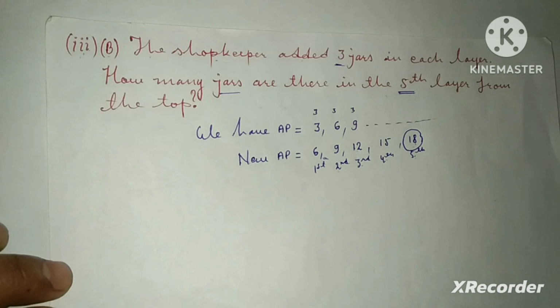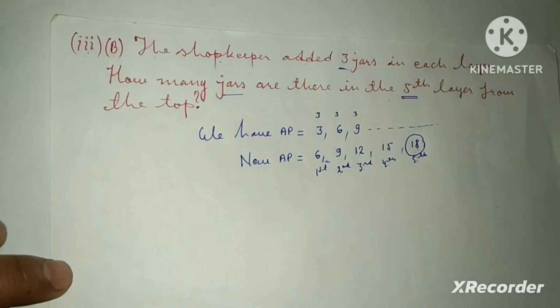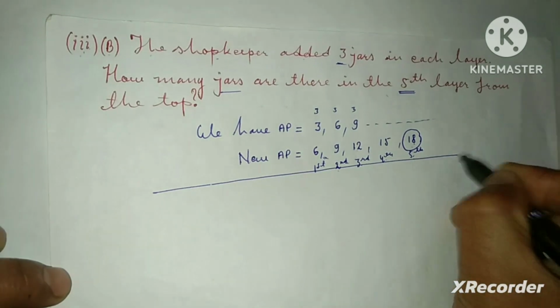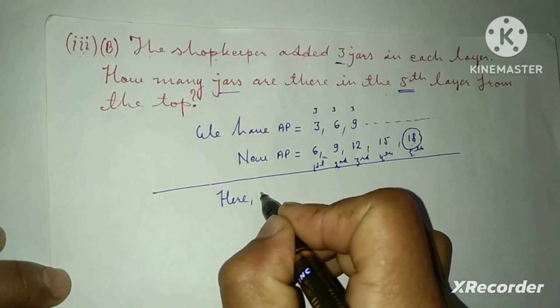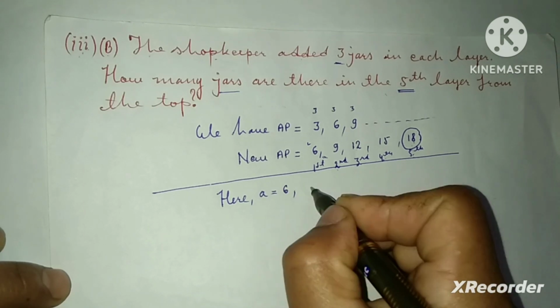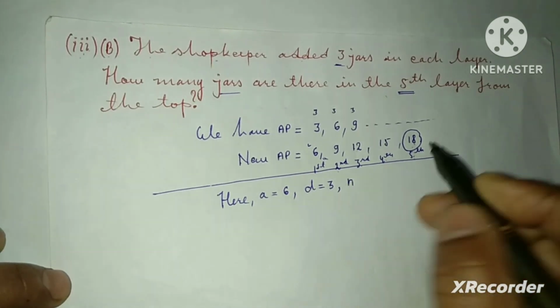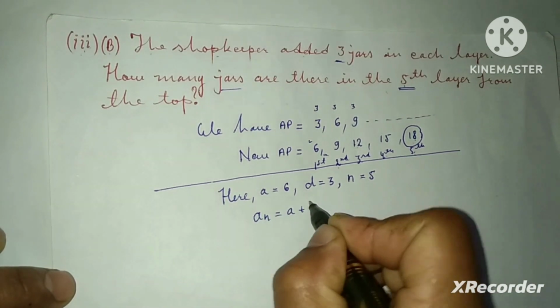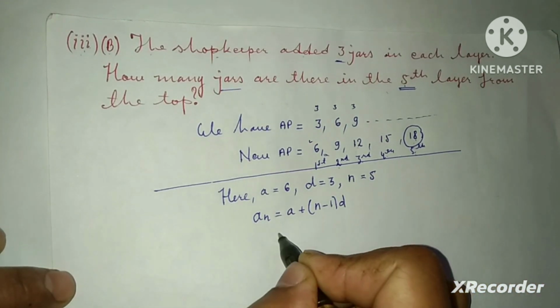But since this question is for 2 marks, let's solve again by using the formula. Here A equal to 6, D equal to 3, n equal to 5. Now we have An equal to A plus n minus 1 d.